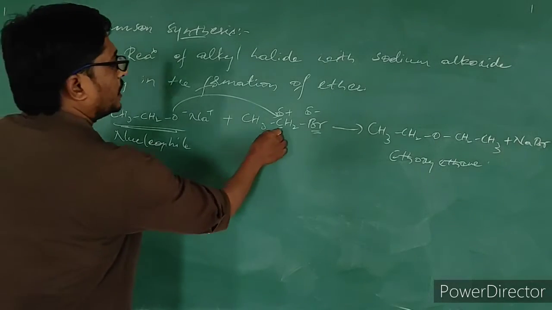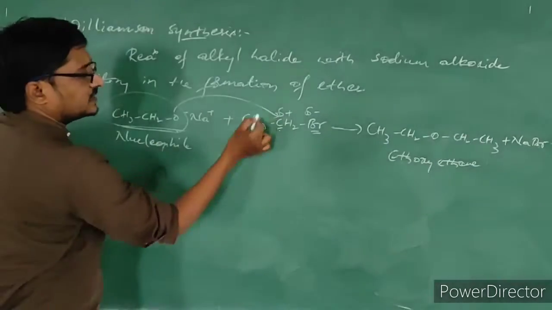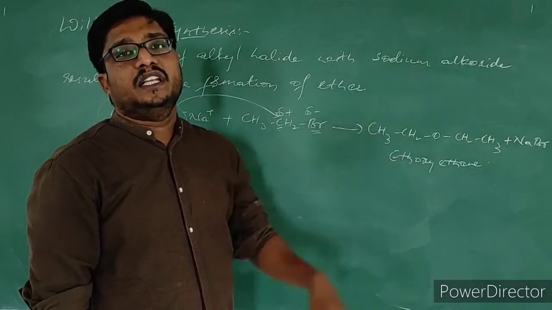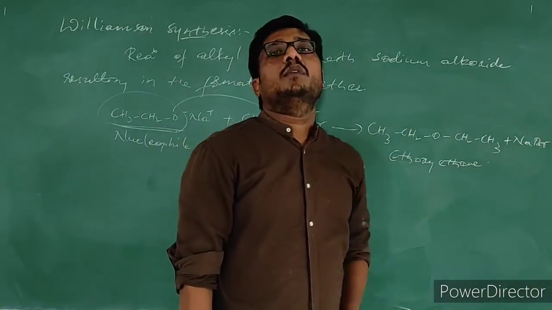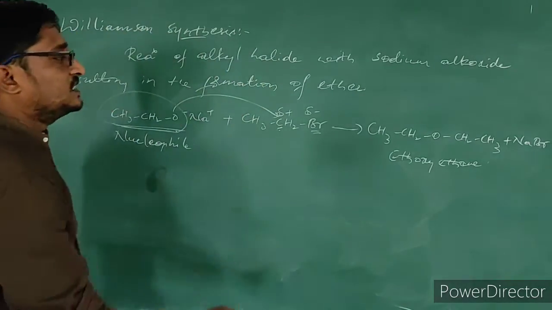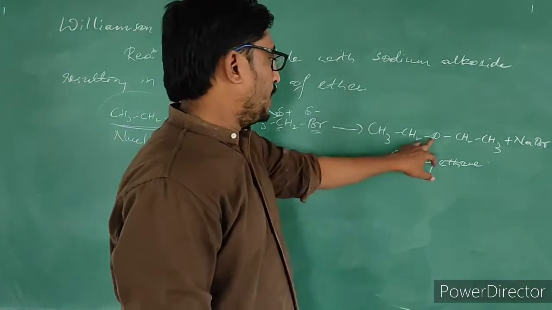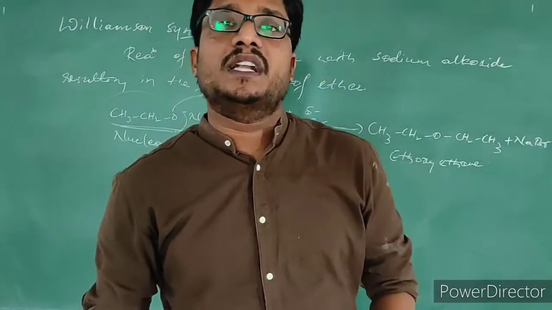Since it is developing partial positive charge, this nucleophile will attack this carbon, forming ethoxyethane. Bromine gets eliminated as Br minus, which forms a bond with sodium to form sodium bromide. So this is nothing but symmetrical ether. Symmetrical ether means what? On either side of the oxygen, if the same alkyl groups are there, we call it a symmetrical ether.